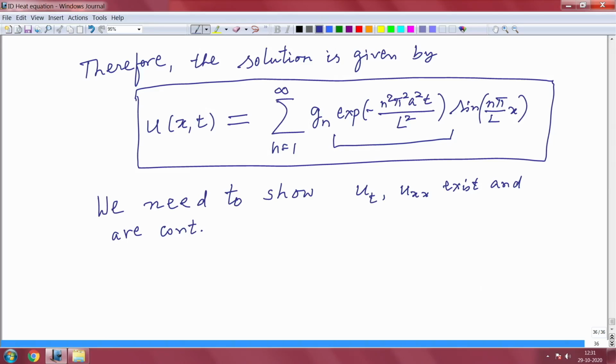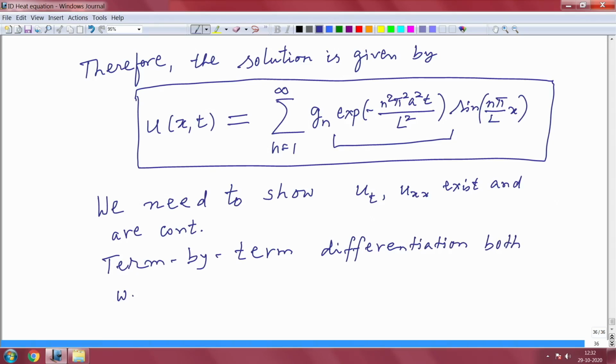So, there is absolutely no difficulty in differentiating this infinite series term by term, both with respect to t as well as with respect to x, and the reason for that is, term by term differentiation both with respect to x and t is possible for the following reason.